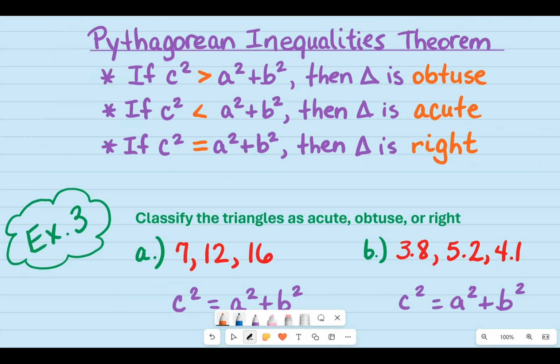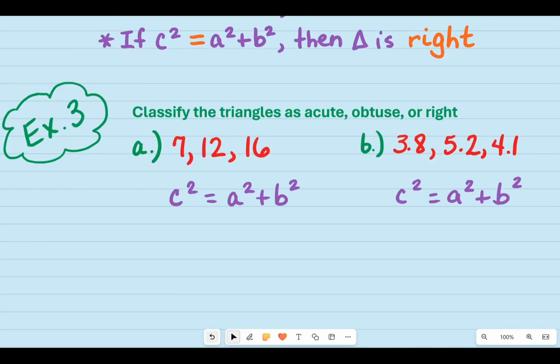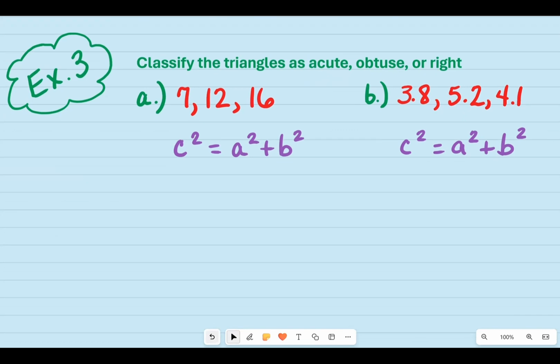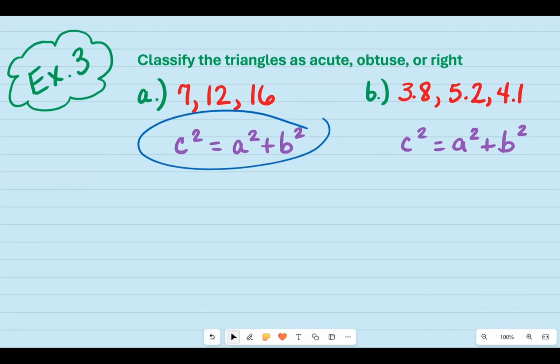Pay attention to that, because once you're trying to classify it, if you write it backwards, your symbols are going to be correct, but then you're going to think that this is the hypotenuse, when it's actually your legs if you wrote a squared plus b squared first. That is why when I'm demonstrating how to do something, I always write the original formula, theorem, or problem, whatever I need to start with, so that I can substitute accordingly.